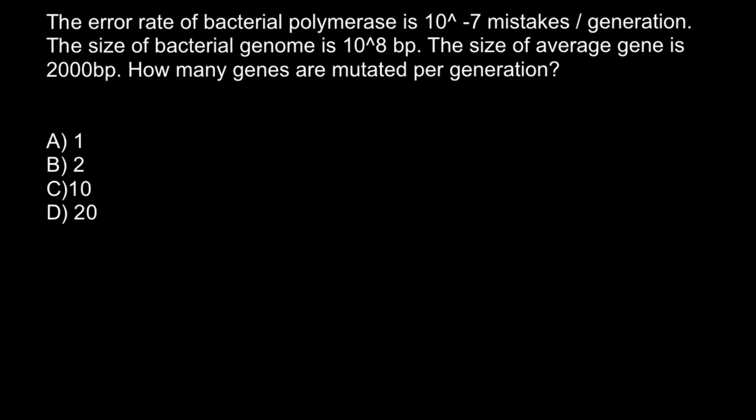For example, if we divide 100 by 10, we are going to get 10, right? If we reduce both this number and this number 10 times, we are going to get 10 divided by 1, and still the answer would be 10.